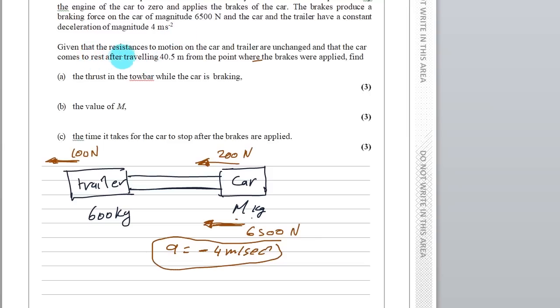Now, given that the resistance to motion on the car and the trailer is unchanged, and that the car comes to rest after traveling 40.5 meters from the point where the brakes were applied.